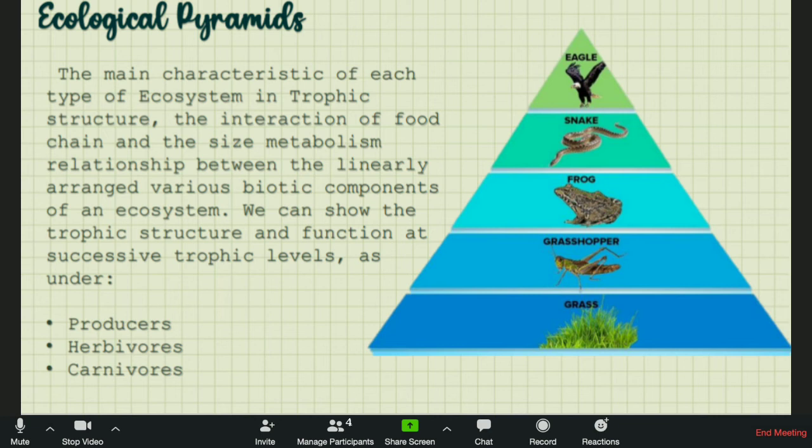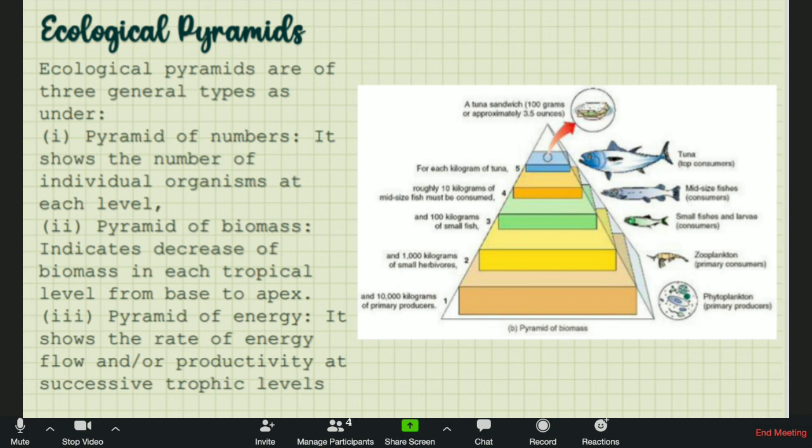We can show the trophic structure and function at successive trophic levels as producers, herbivores, and carnivores. It may be known by means of ecological pyramids. In this pyramid, the first or producer level constitutes the base of the pyramid. The successive levels make the apex.